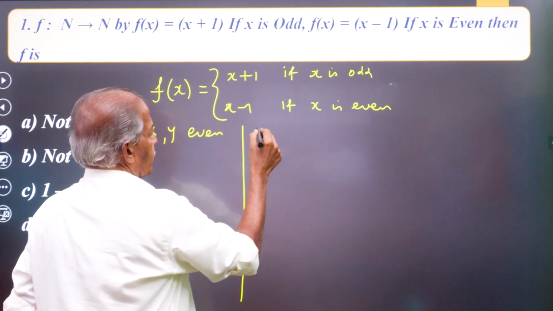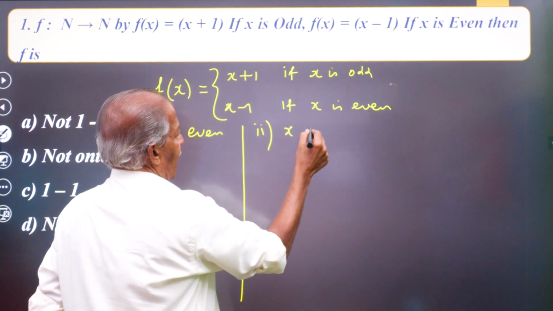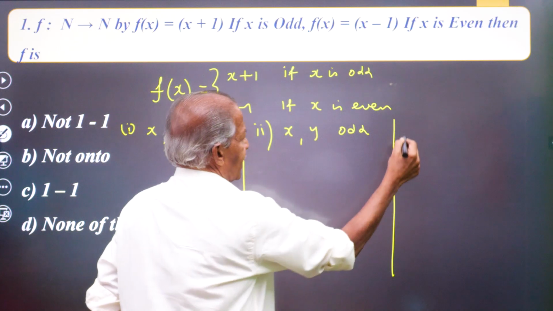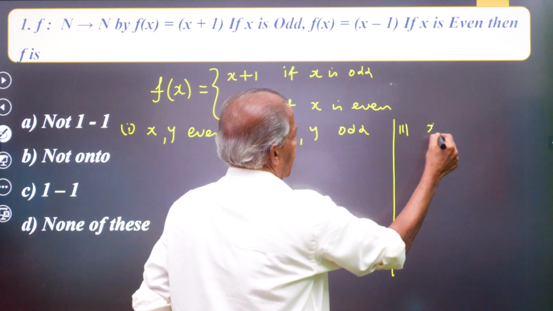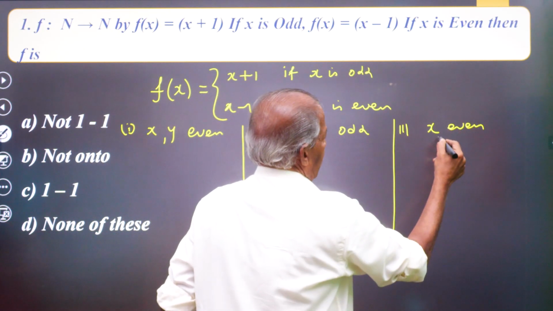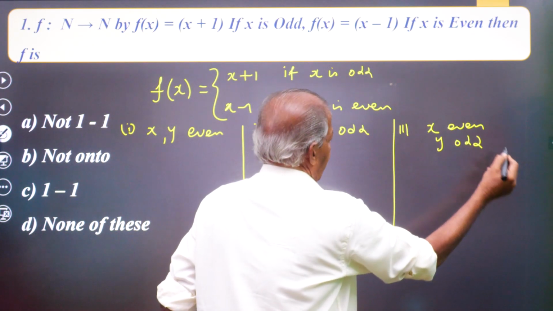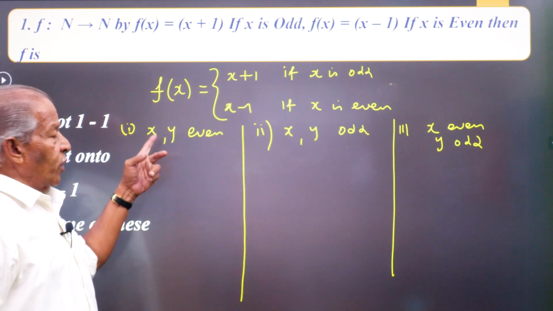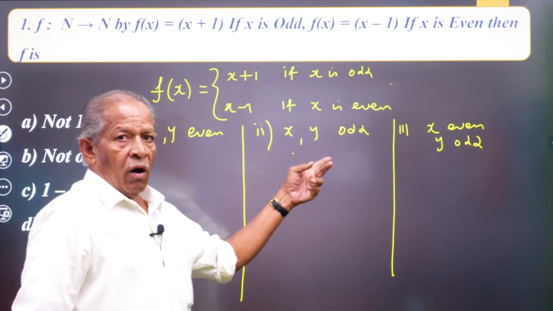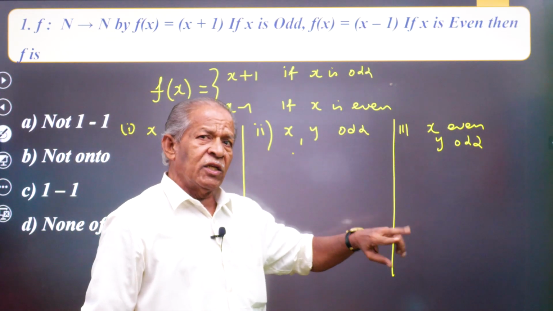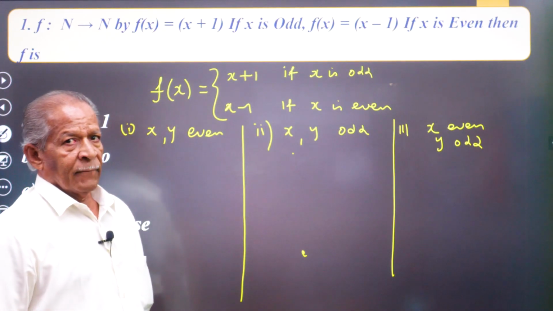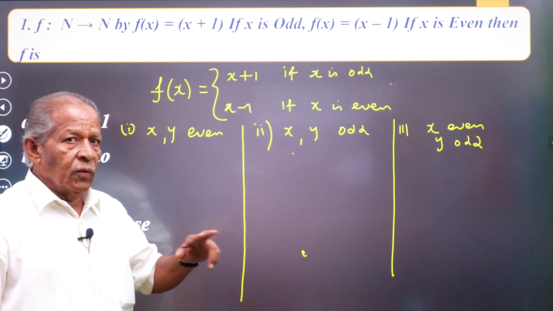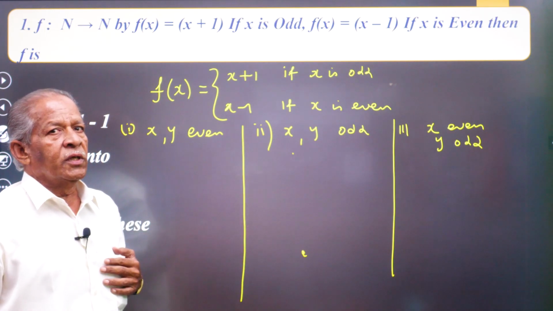Second case, x and y are odd numbers. And third case, x is even and y is odd. We split the problem into three types. We have to check the condition x not equal to y implies f of x is not equal to f of y.